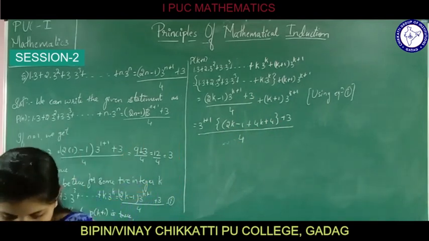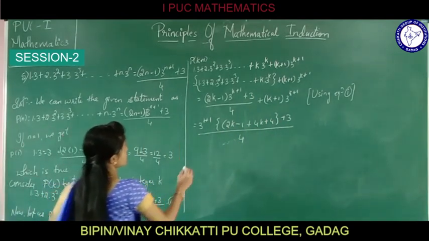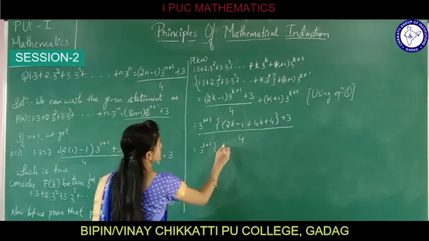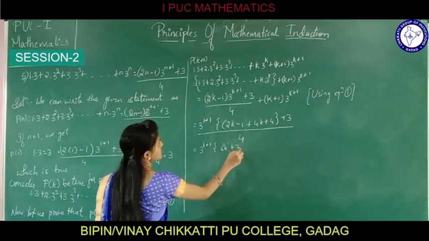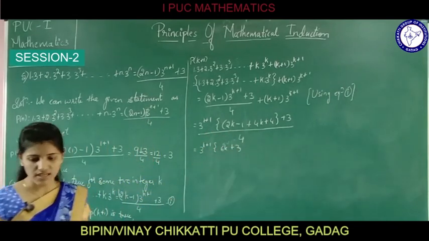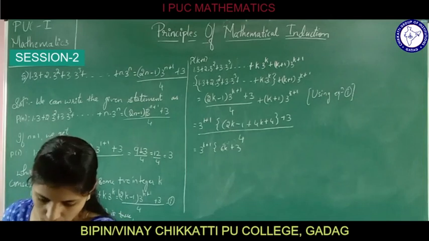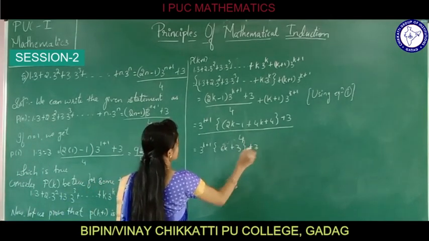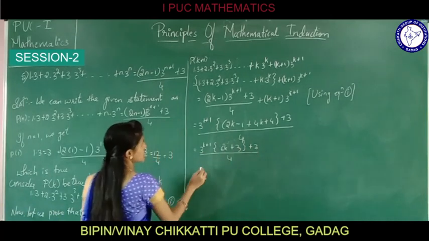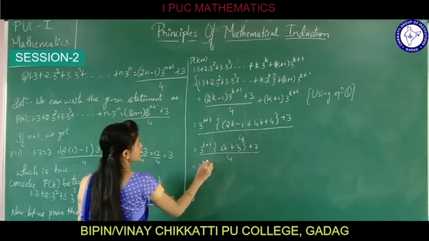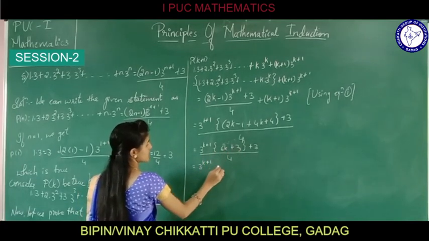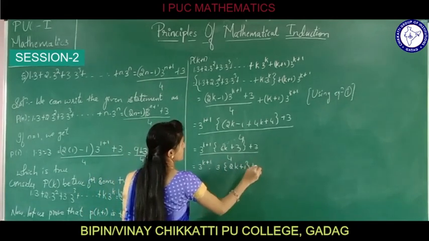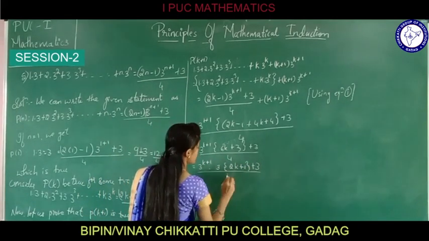On further simplification, I am going to get 3 raised to k plus 1, 6k plus 3. I also have the 3 outside, so 3k plus 3 plus 3 divided by 4. This can be written as 3 raised to k plus 1, taking 3 common again, into 3, 2k plus 1 plus 3 divided by 4.